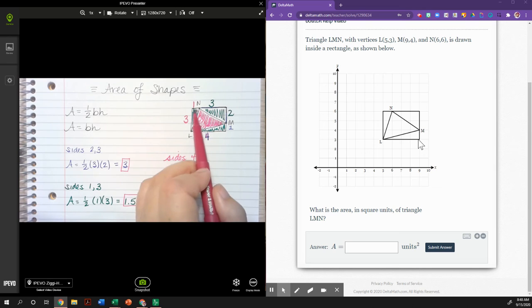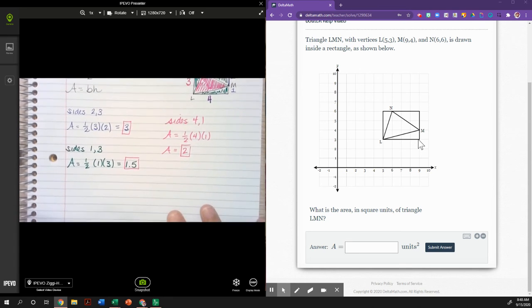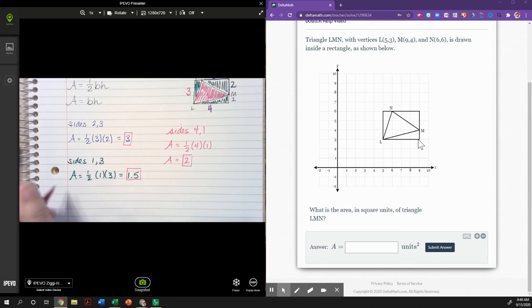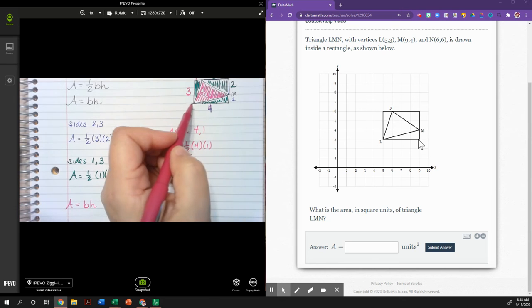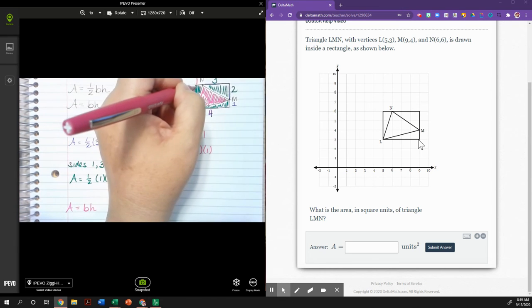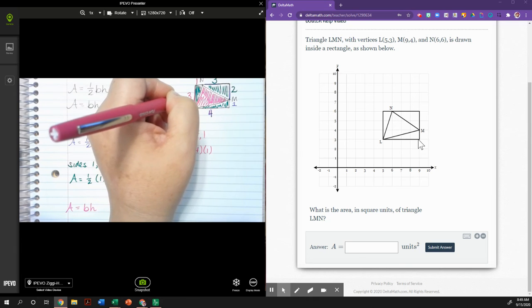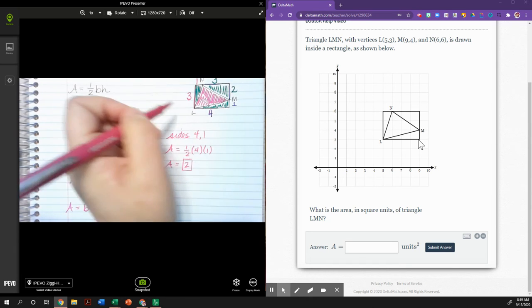Okay, so now what I'm going to do is I'm going to find the area of the whole entire rectangle. Okay, so area equals base times height. Well, if you can look right here, I have a complete side of 3, or 2 plus 1, that's 3.